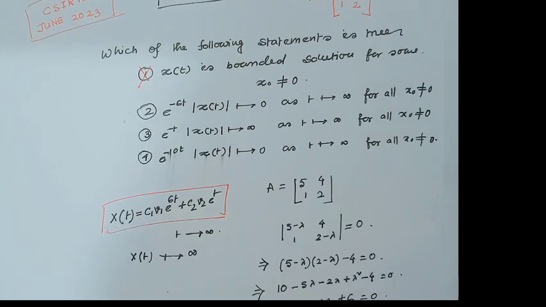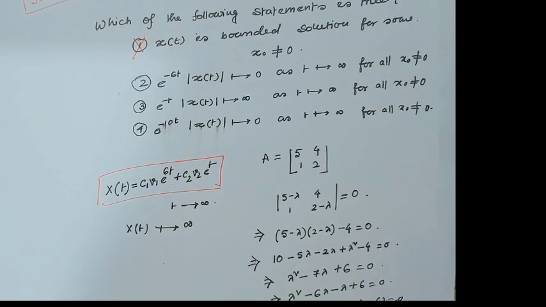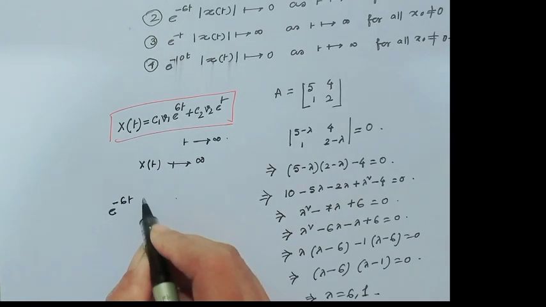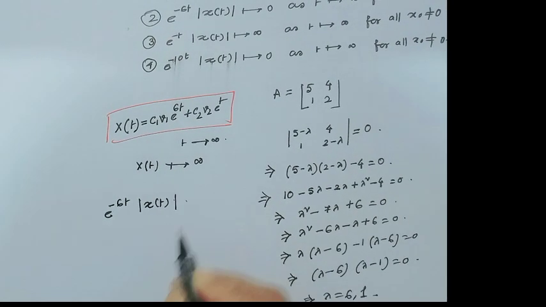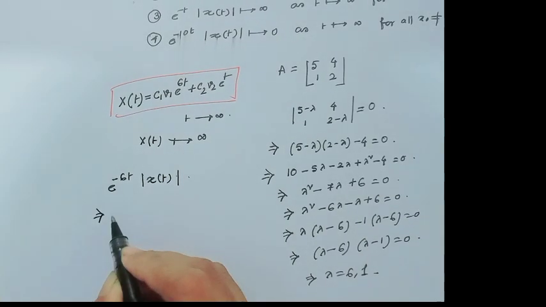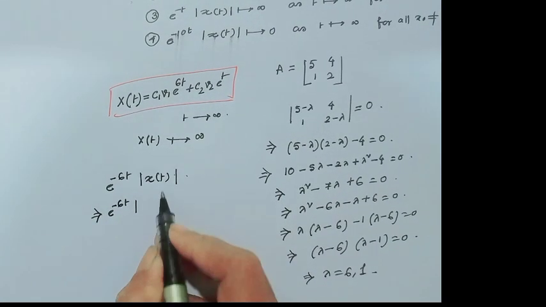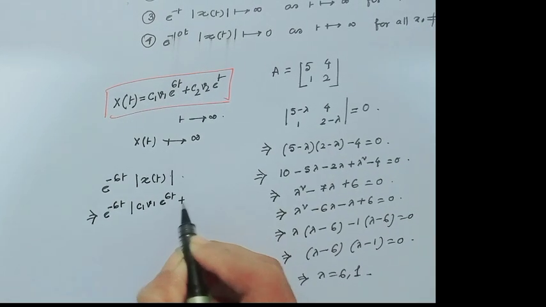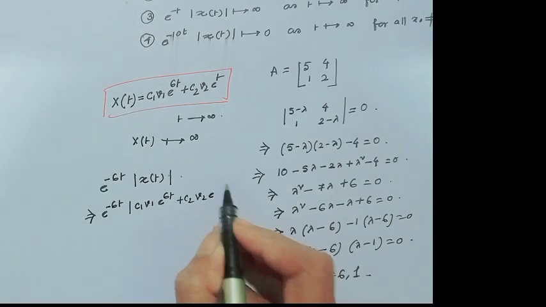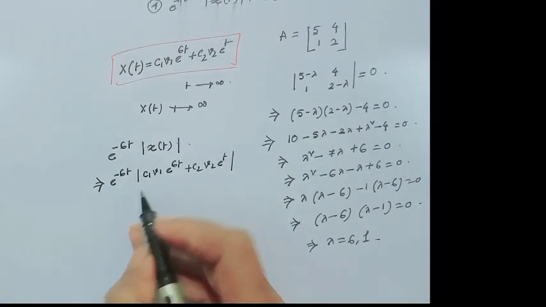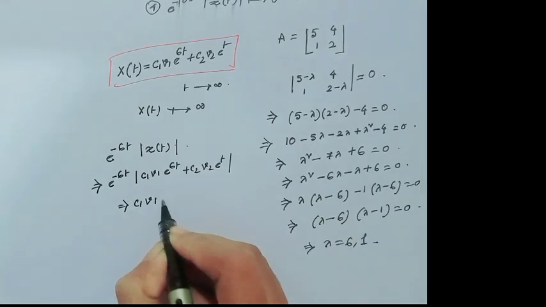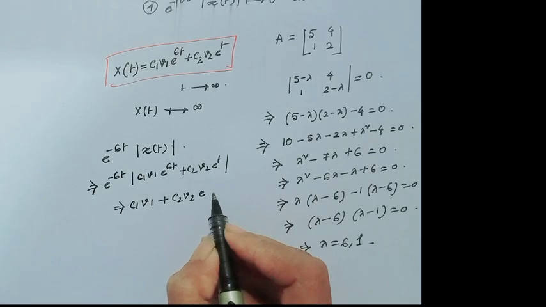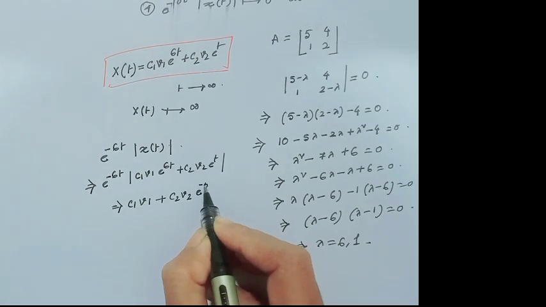And option 2: e to the power minus 6t times mod x(t). That means e to the power minus 6t times (c1 v1 e to the power 6t plus c2 v2 e to the power t), which is c1 v1 plus c2 v2 e to the power minus 5t.